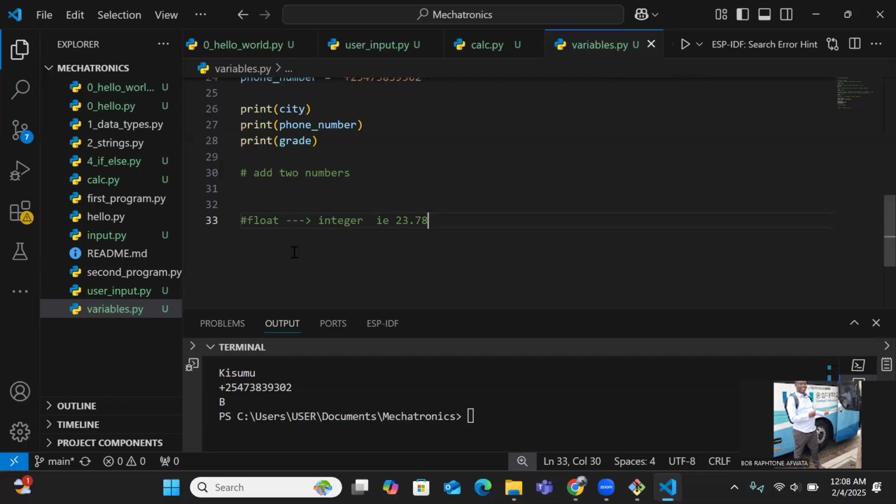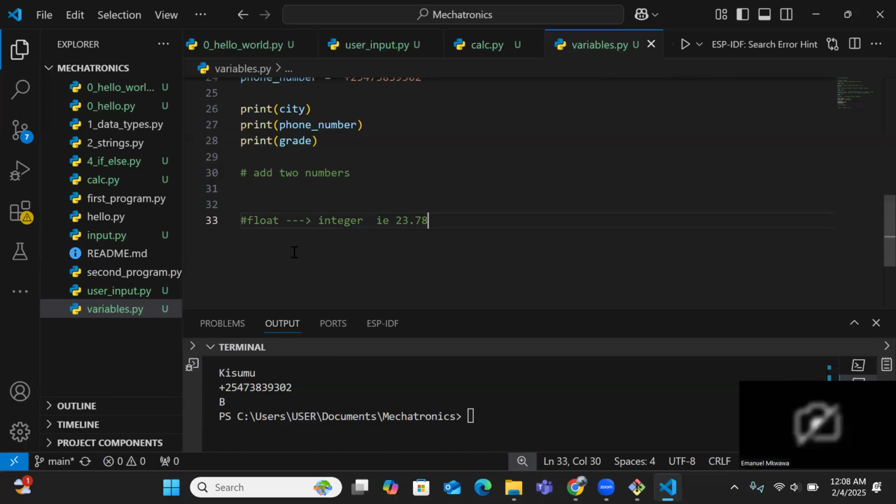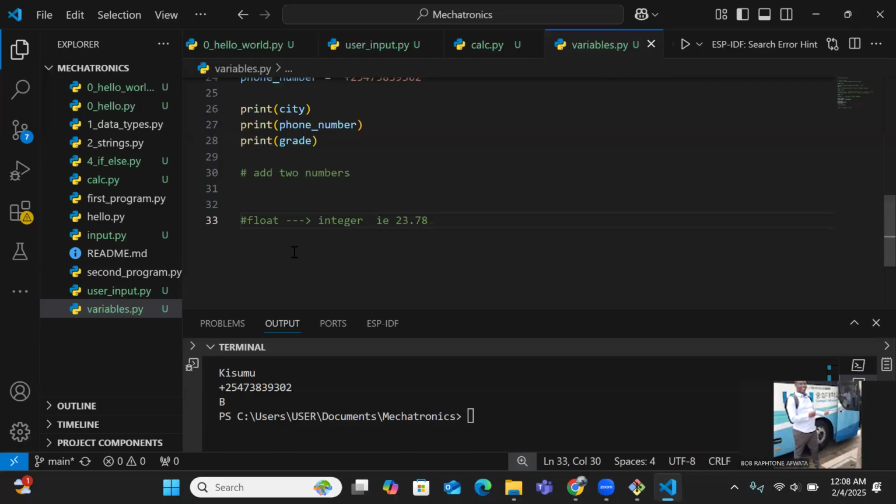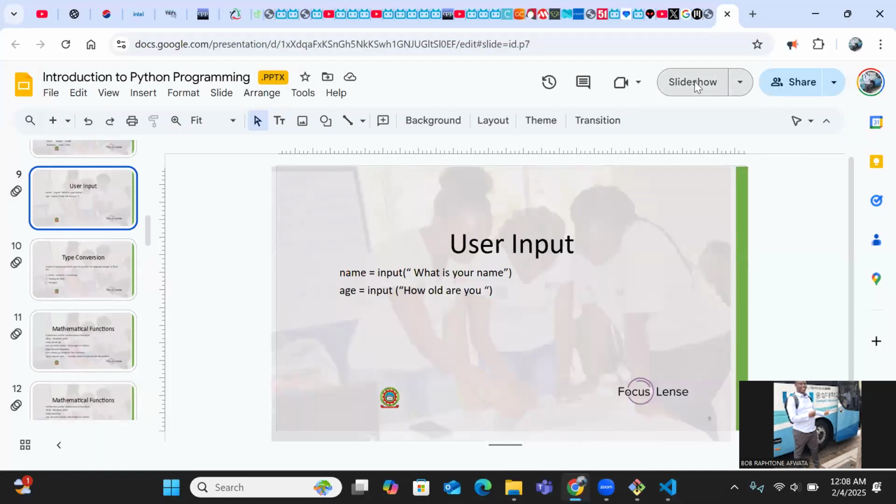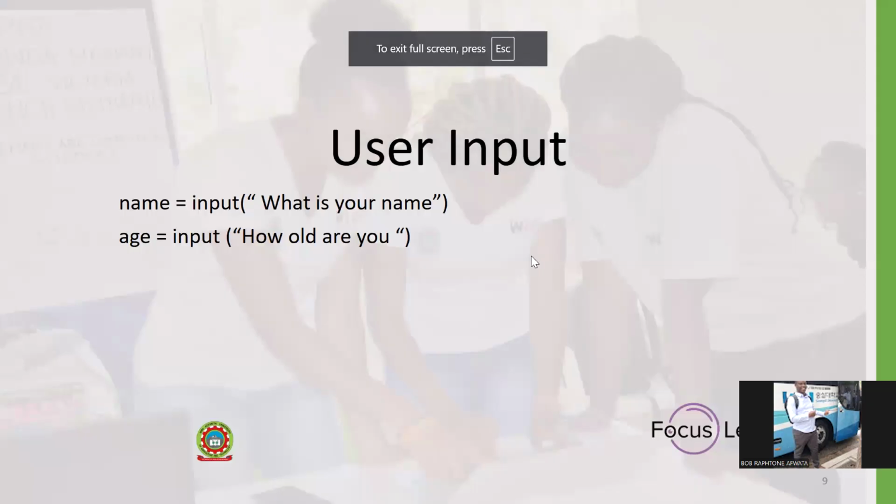If you have a decimal point and you want to convert it into a whole number, normally you do round off, Sindio? Yes. So there are mathematical functions. I'm going to go through them right now.